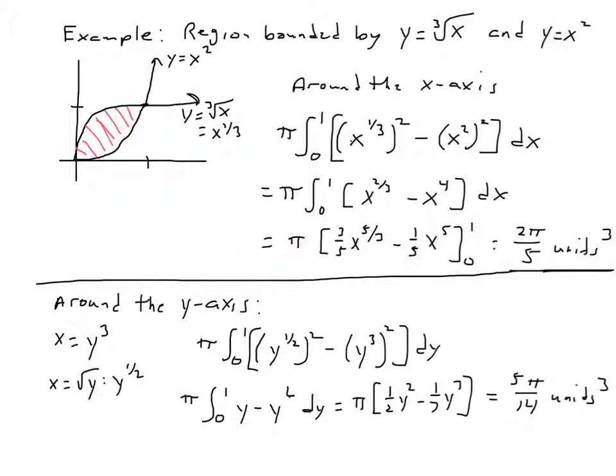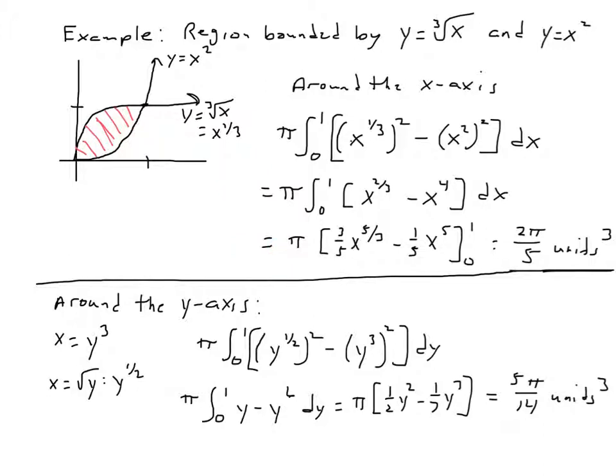In this case, because my outside radius is the cube root, which would be x to the 1/3, this is going to be pi times the integral from 0 to 1 of x to the 1/3, that thing squared, minus my inside radius, which is x squared, that thing squared, dx. When I simplify that, that's pi times the integral from 0 to 1 of x to the 2/3 minus x to the 4th.